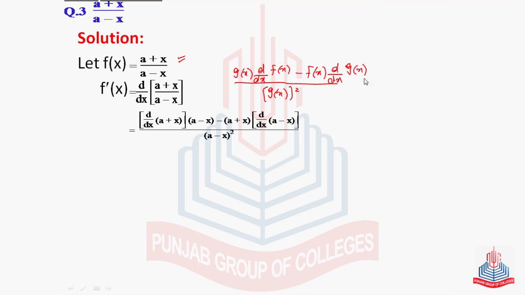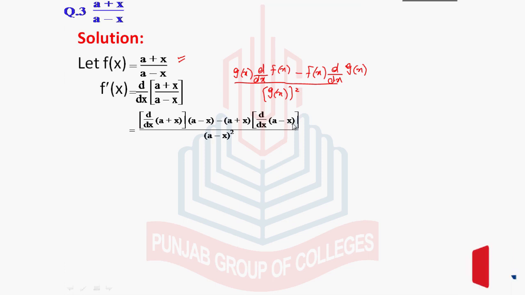So when we compare this to this step, the denominator will become a square, so (a − x) whole squared. The derivative will apply on f(x), which is a + x. g(x) will be as it is, which is the denominator function, minus f(x) as it is, a + x, and the derivative will apply on the denominator, which is a − x.